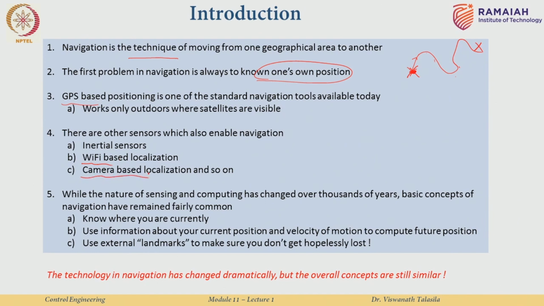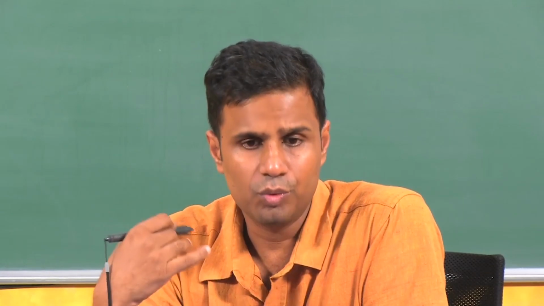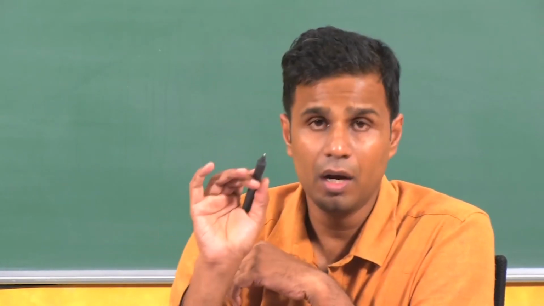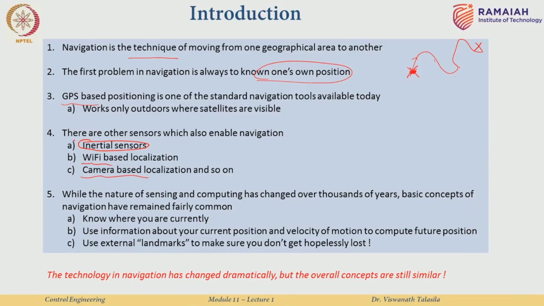Localization basically means knowing where I am, locating my position. We will do this very briefly just to give you an indication of how advanced the field of navigation has become. Our primary focus will be on inertial sensors. We will see that a little bit later.